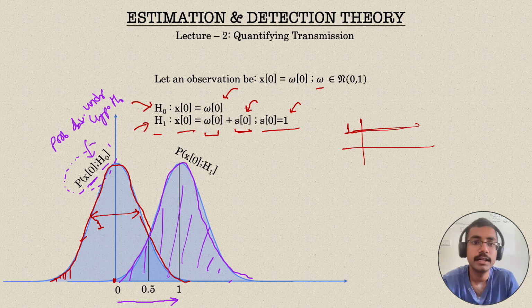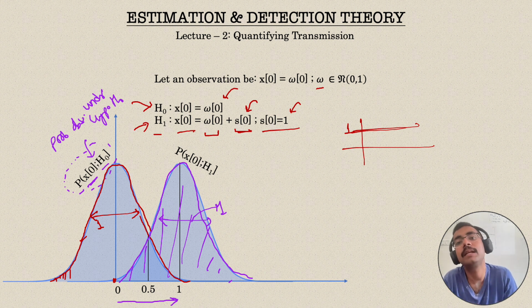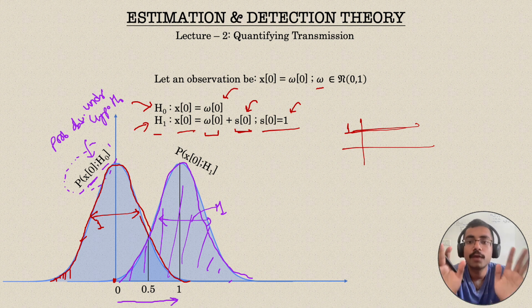The mean is shifted by 1. The variance remains the same. This is not the only scenario. This is the simplest scenario, to develop a framework and our understanding. I hope I'm able to make you absolutely clear about what I want to say here. Now let's proceed to trying to detect the signal.